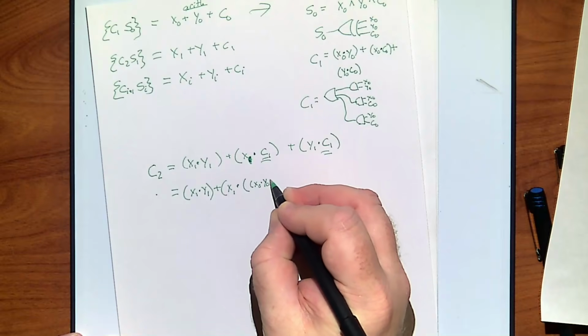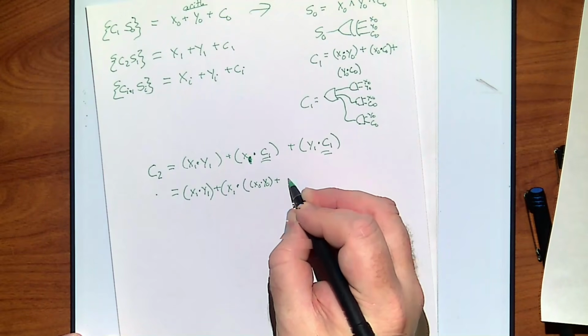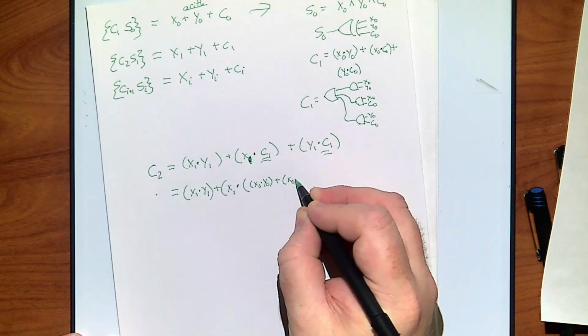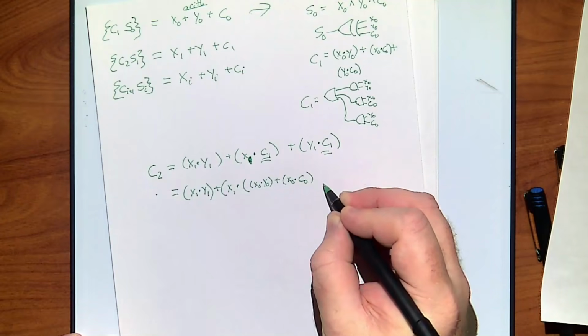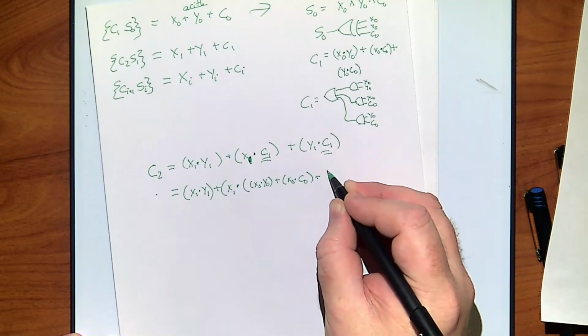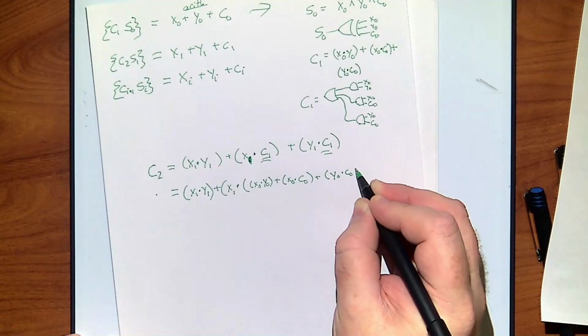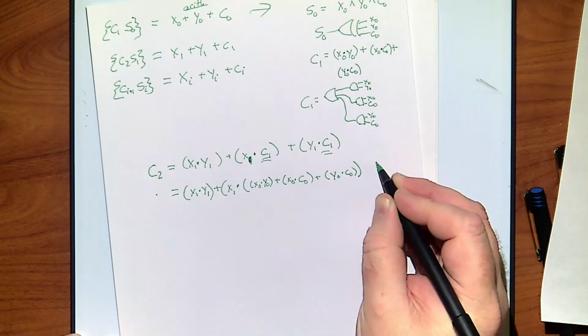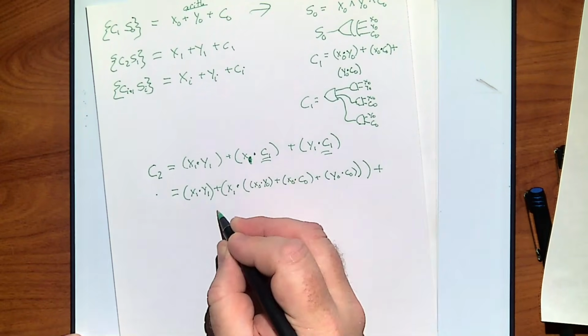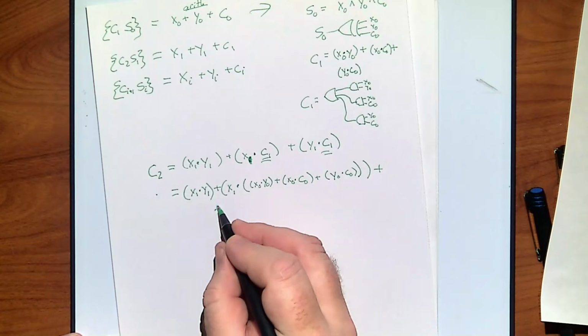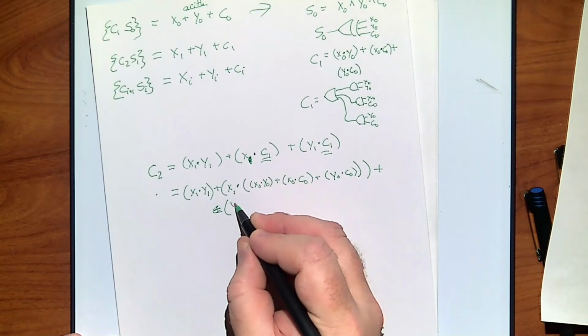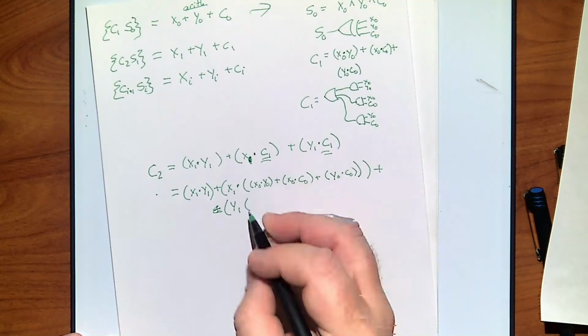X0, Y0, or X0, C0, or Y0, C0. It is the same thing repeated.